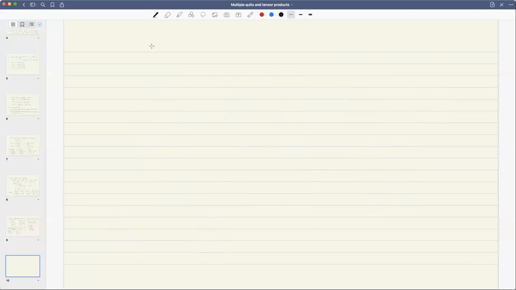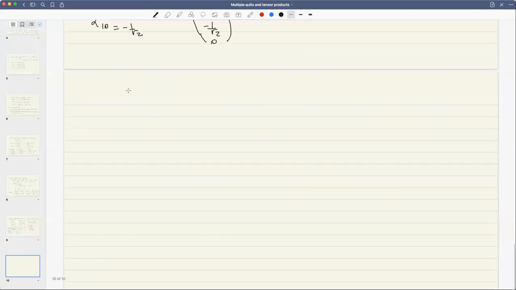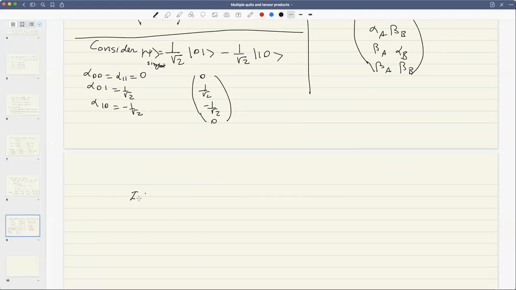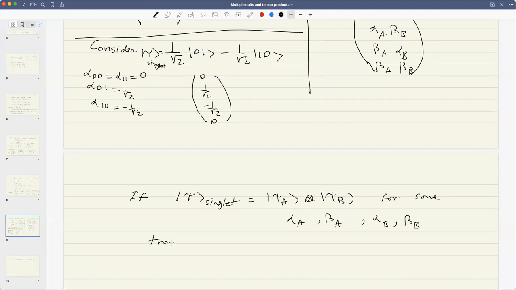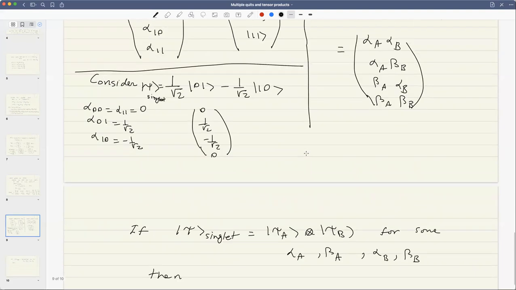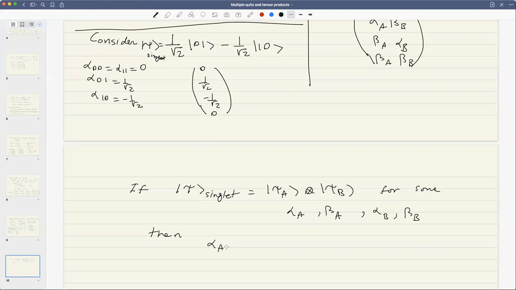So if psi singlet is equal to psi A tensor psi B for some alpha A, beta A, alpha B, beta B, then we must have this equality, right? We must have alpha A, alpha B is equal to 0, beta A, beta B is equal to 0.